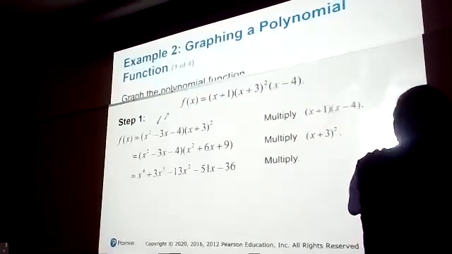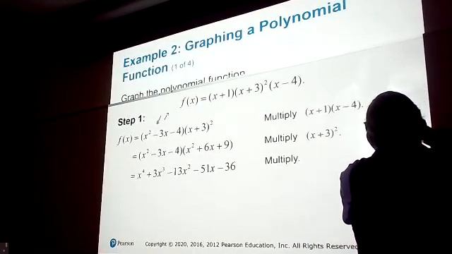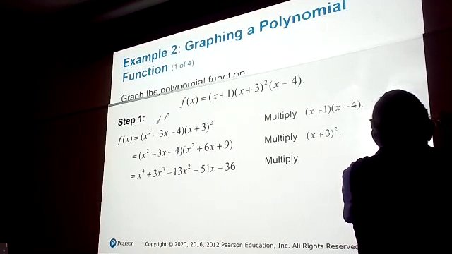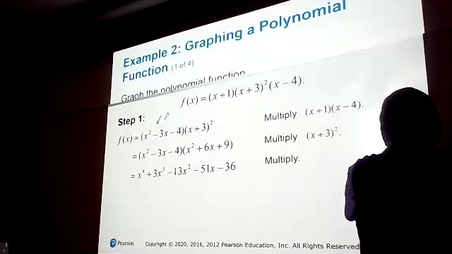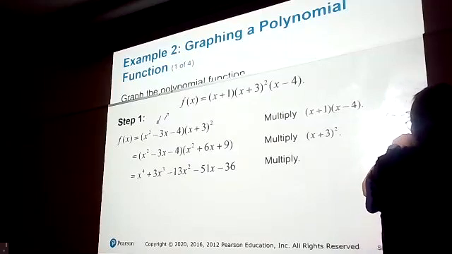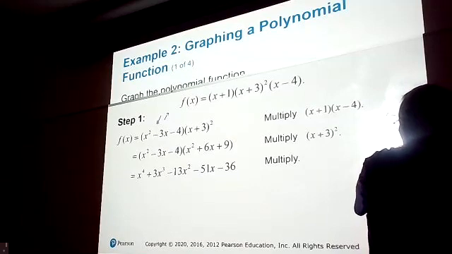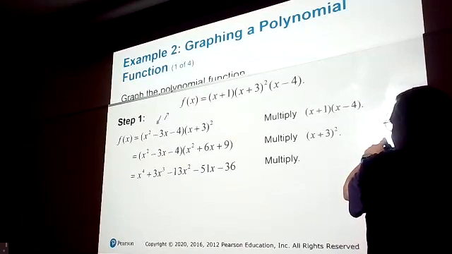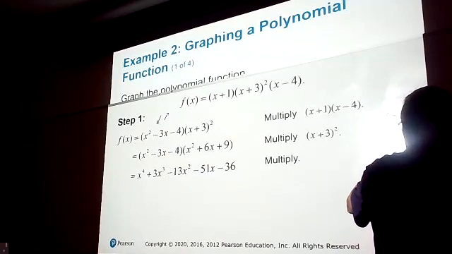Negative 3, 0 has a multiplicity of 2, so that means it's going to touch at negative 3, and it's going to cross at negative 1 and positive 4.